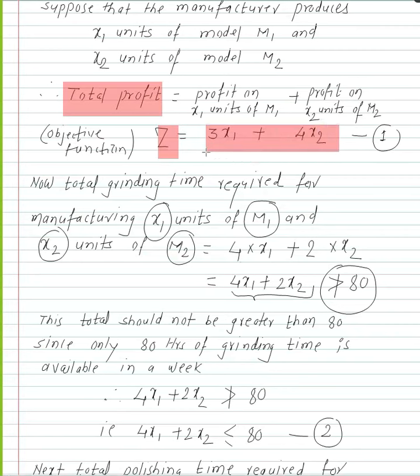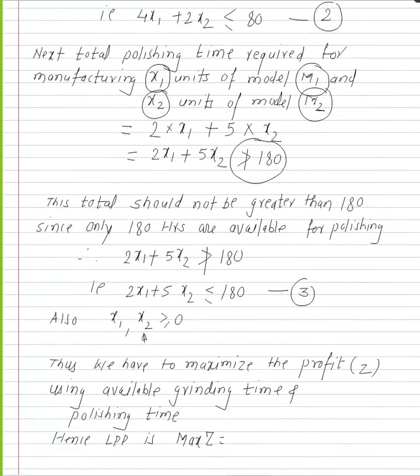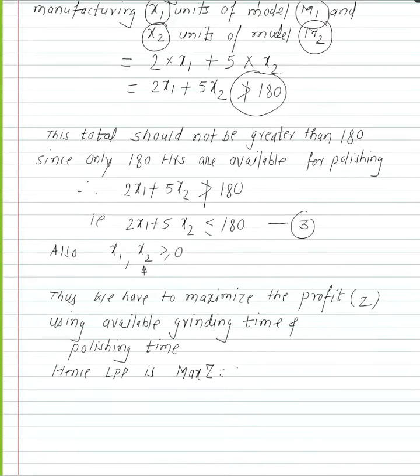Z is 3x1 plus 4x2, subject to the following constraints.